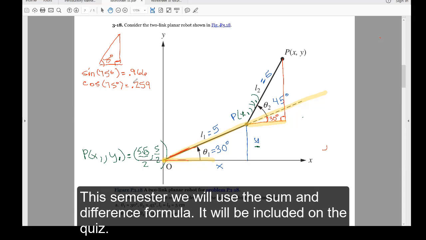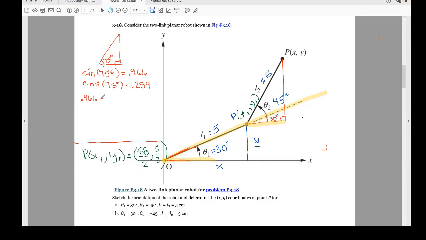And what are we going to do? Pretty much exactly the same thing we just did before, but now we have different values. So I know that the sine, which is 0.966, is equal to, I'm going to call this y2, and I can call this x2. I should have called this x1 and y1.